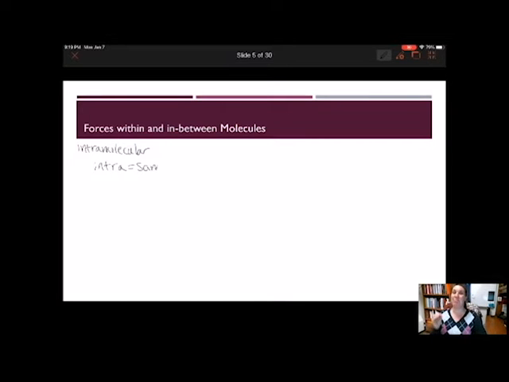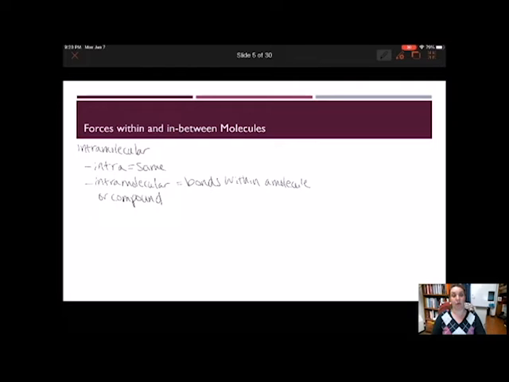So we're talking about the bonds, or the bonds within a molecule or compound.